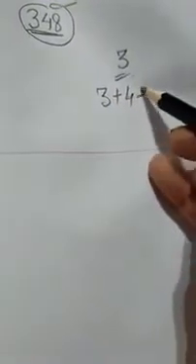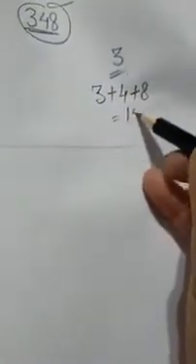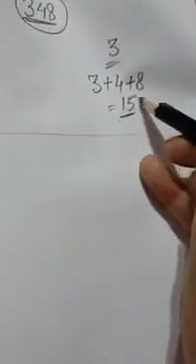Okay. Then divisibility by 3. How to check divisibility by 3? We will add the digits. We get here 15. 15 is divisible by 3. So this number will also be divisible by 3. Means the judge of 3 also said yes.